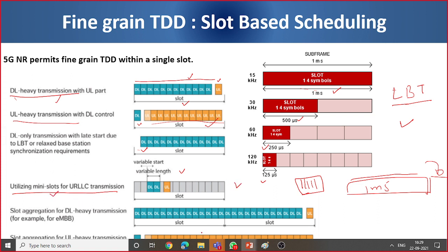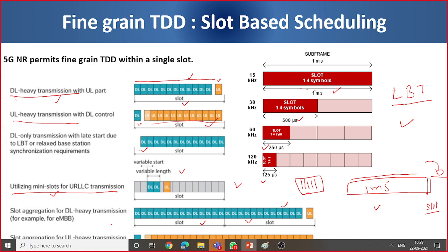And then there is a concept of slot aggregation. That means you can allocate resources even for the next slot. Multiple slot allocation can happen. So continuously for 2 slots, you have allocated resources for downlink.